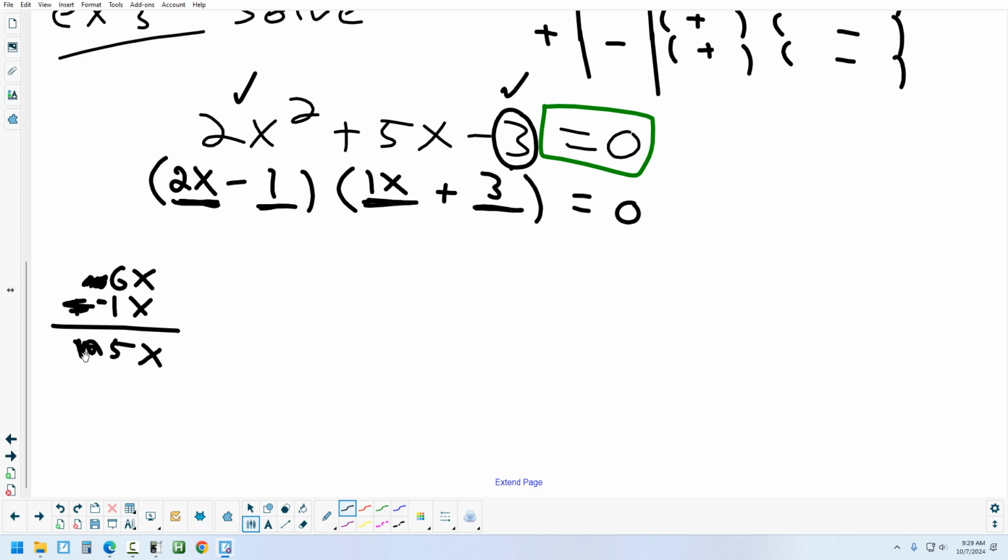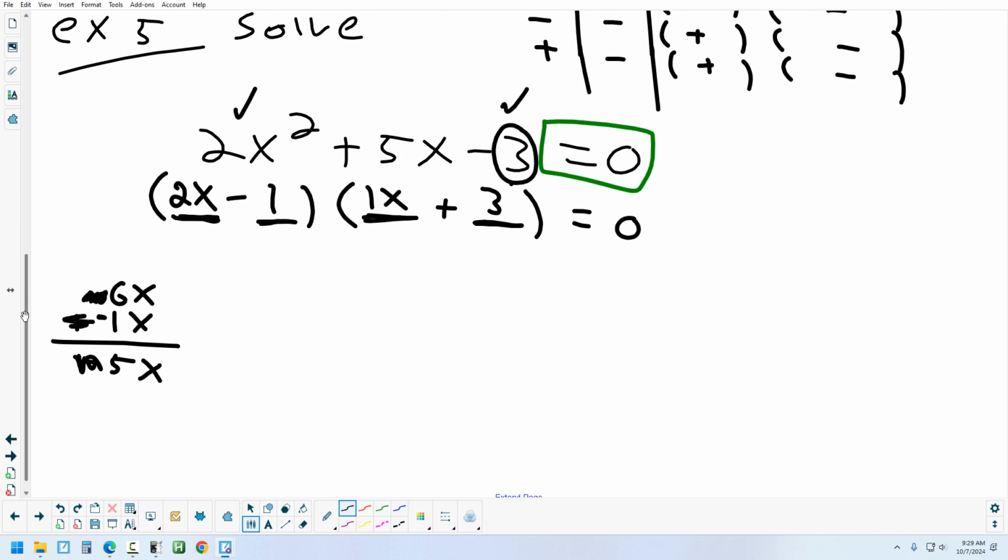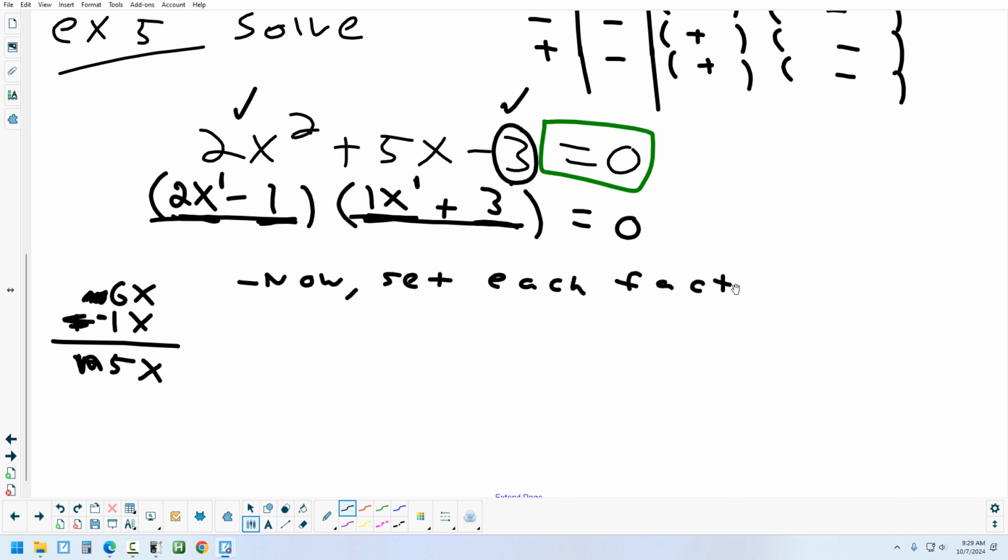Okay, so that's the hard part. Now, by factoring it, we've simplified this from having an exponent of 2 to now just having exponents of 1, which makes each one of these linear. Okay, so we got rid of the exponent of 2. So now, set each factor equal to 0 and solve.